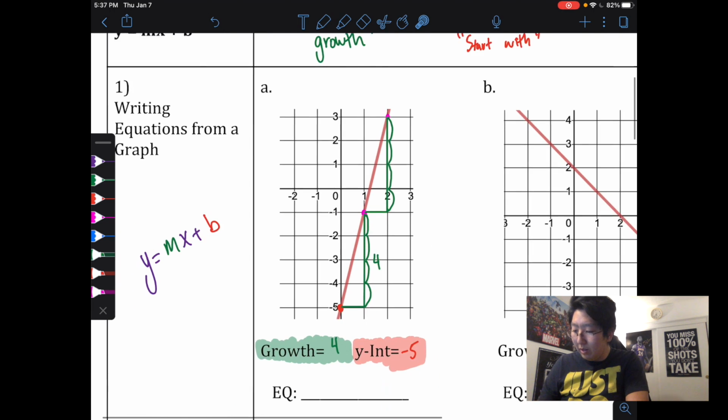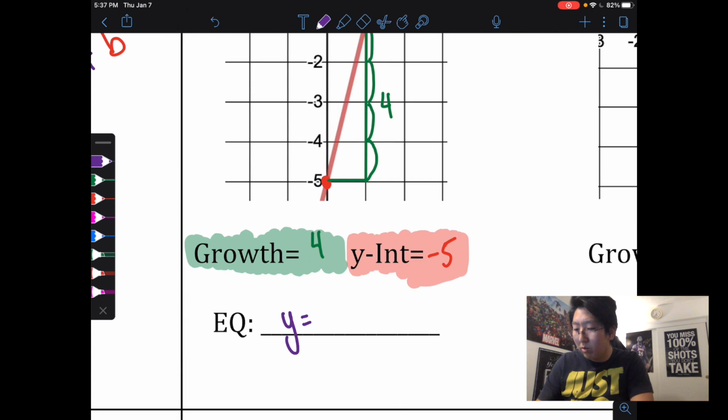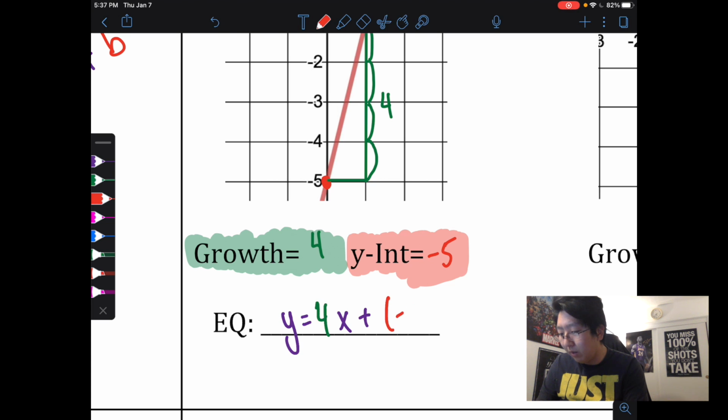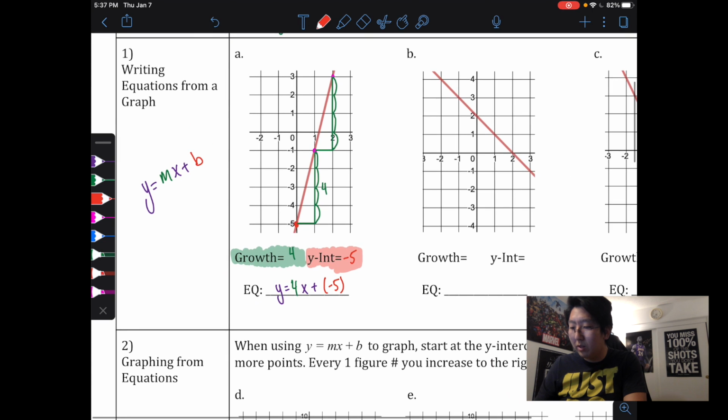Okay? So the equation for this is y equals mx plus b, 4x plus -5.